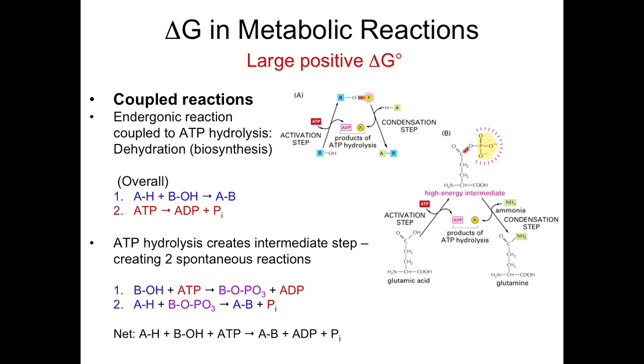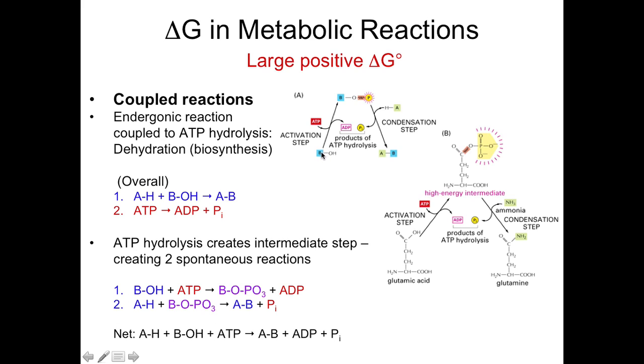But actually, they're not two separate events. These events combine together so that you're not adding A to B, you're adding A to an activated B phosphate. And that reaction is going to be spontaneous. So where A plus B going to AB is not spontaneous, A being added to an activated B phosphate is spontaneous.